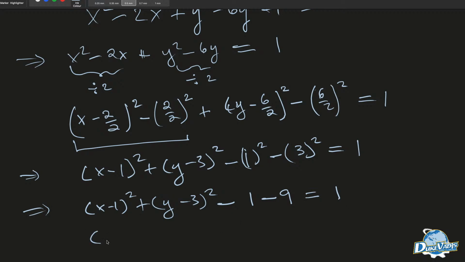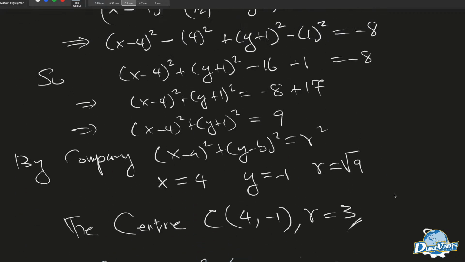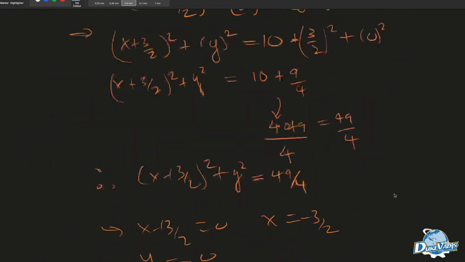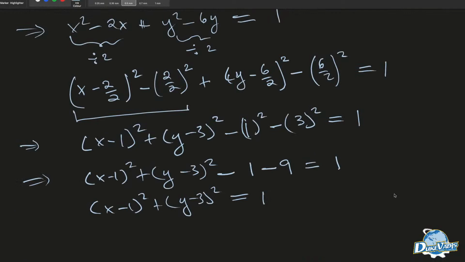It means that (x - 1)² + (y - 3)² is equal to 1 + 10, which will give us 11.